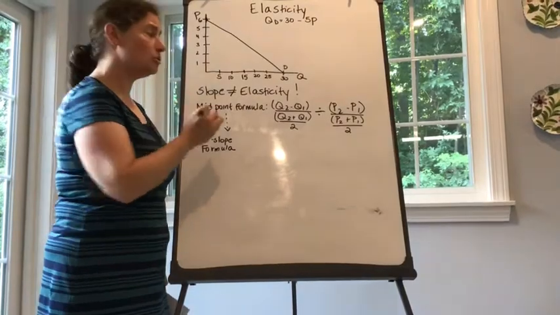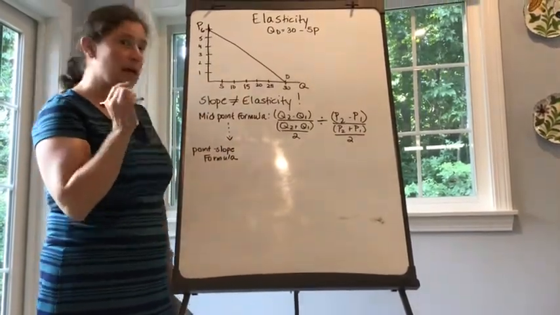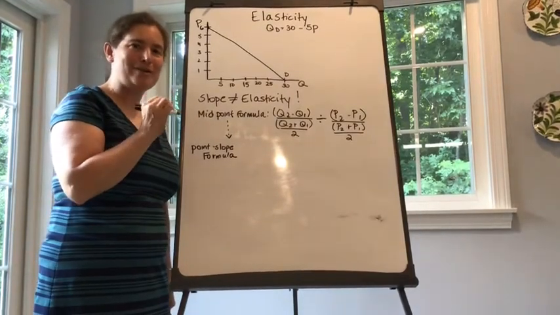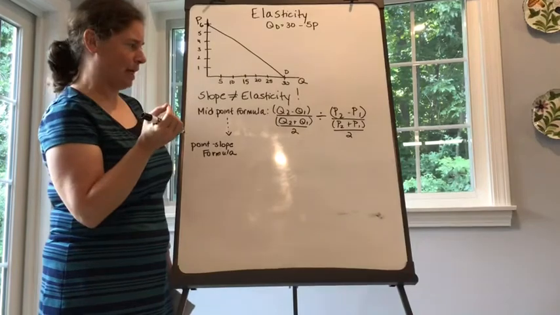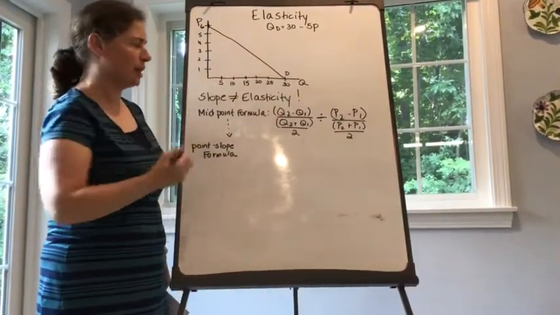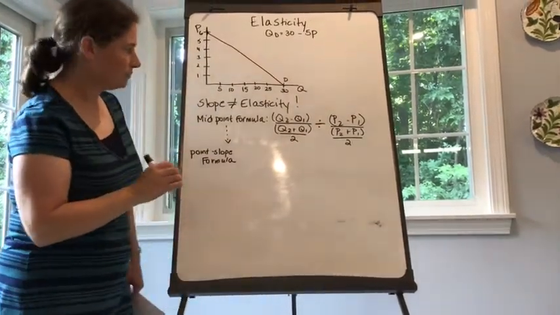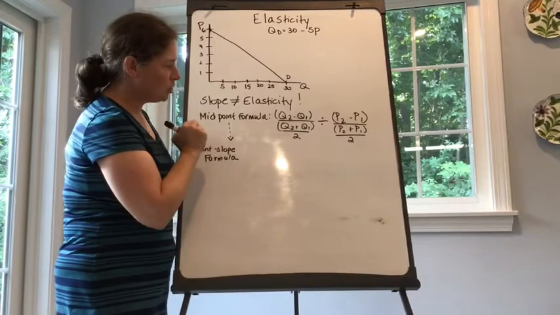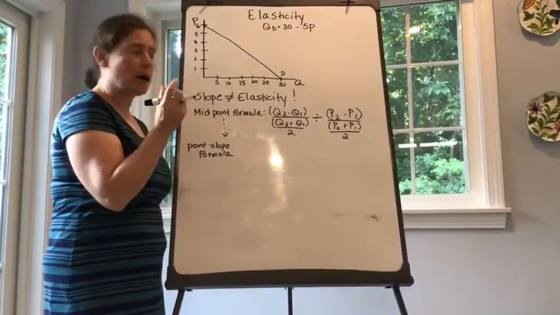So what I'm going to do is try and summarize this in a more condensed form, taking advantage of some old-fashioned math about using fractions, which might provide a little trip down memory lane, but I hope will make this presentation a little bit easier in terms of calculating elasticity when we have a demand curve like this. The first thing I want you to notice is Q2 minus Q1 is just the change in quantity.